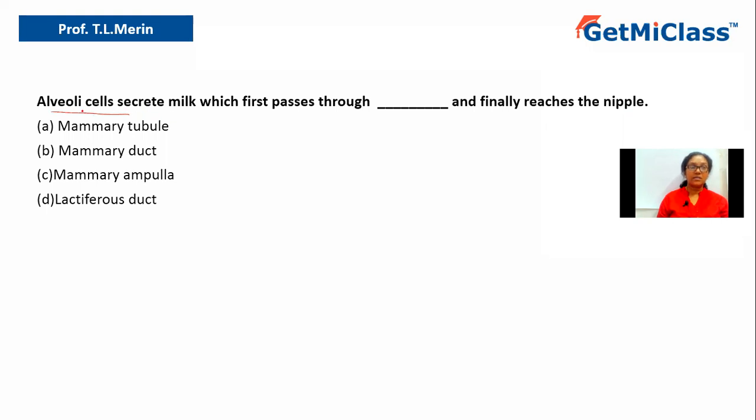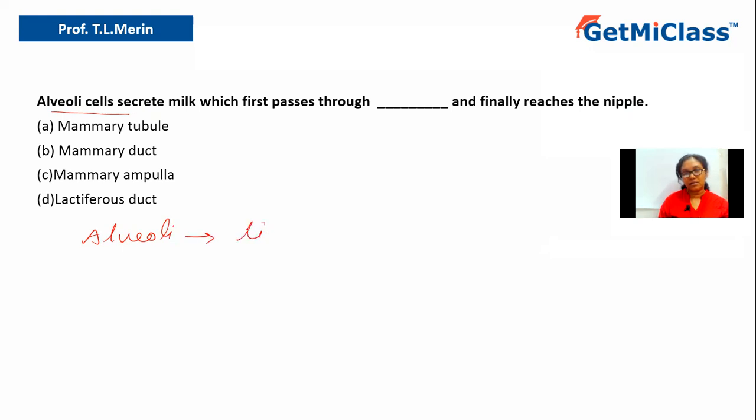Okay, once it is secreted in the alveoli cells. So here, which alveoli cells are they talking about? They are not talking about the alveoli cell of the lungs. They are talking about the alveoli cells of the mammary gland. Alveoli consist of the alveoli cells.